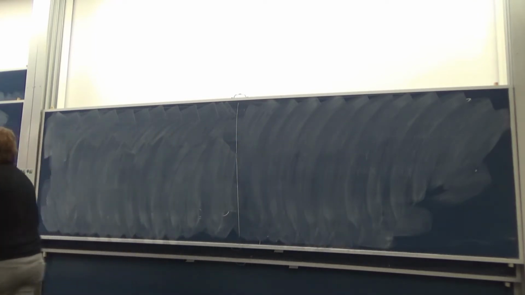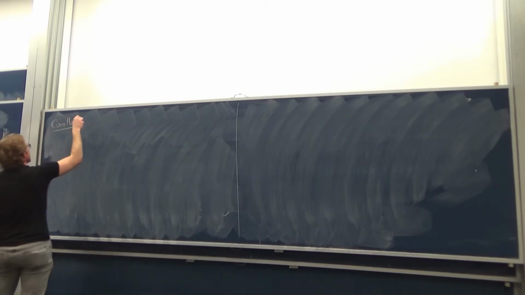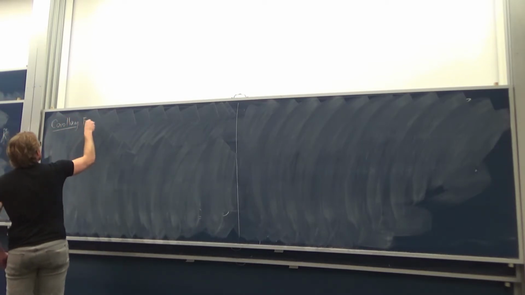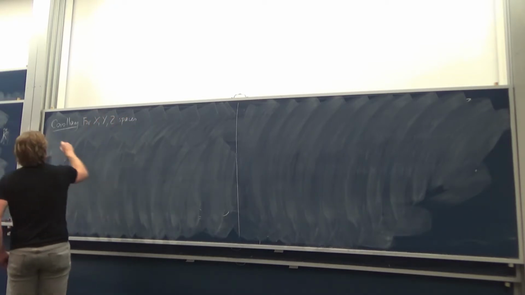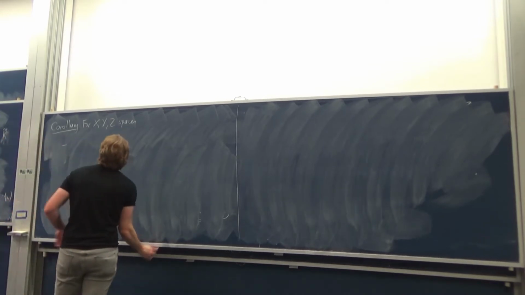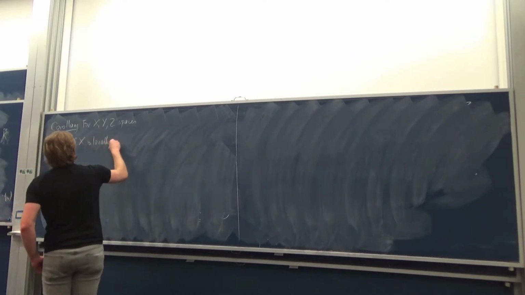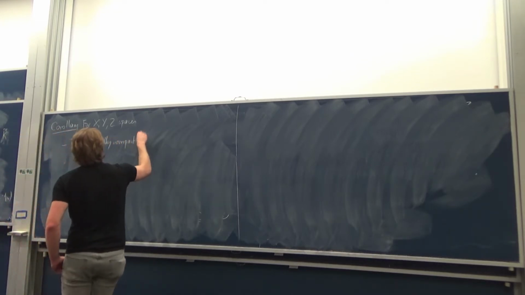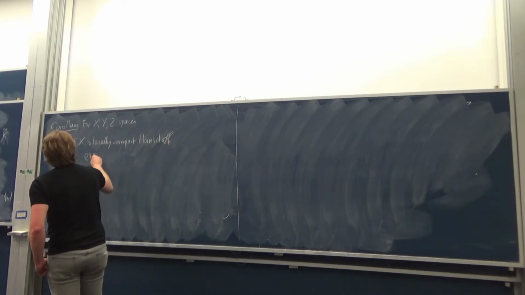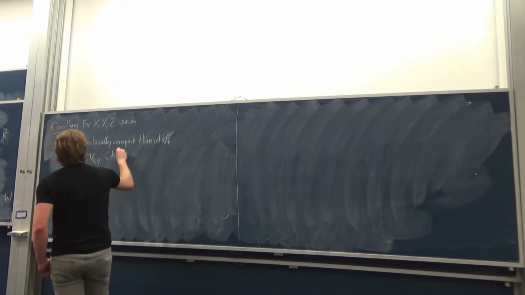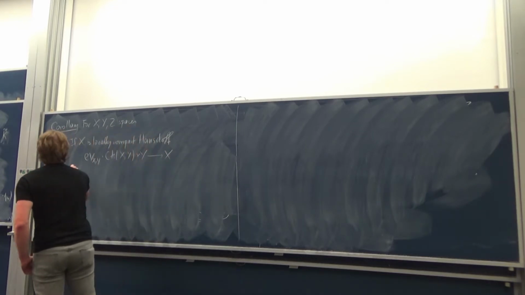Okay, so corollary. So if X is locally compact Hausdorff, then the evaluation map is continuous.